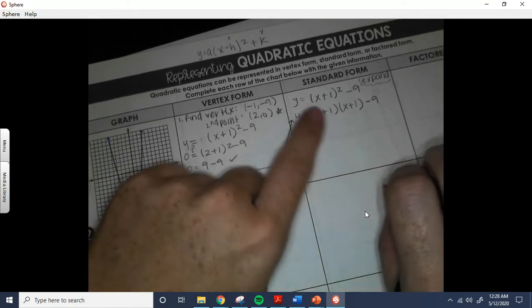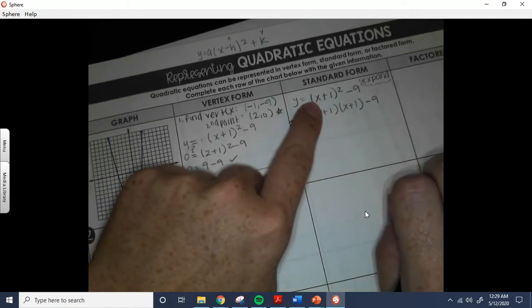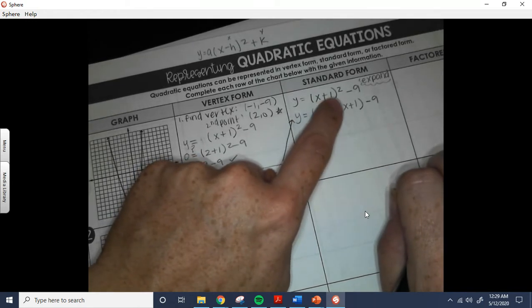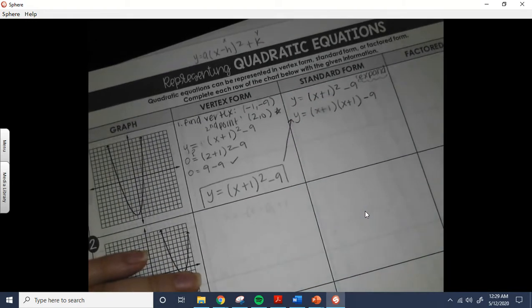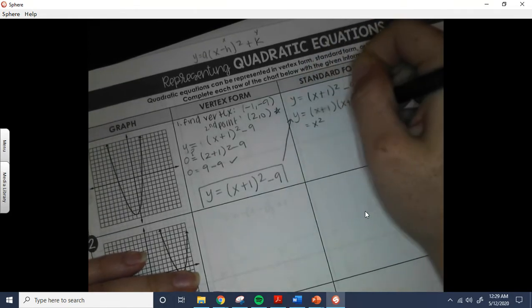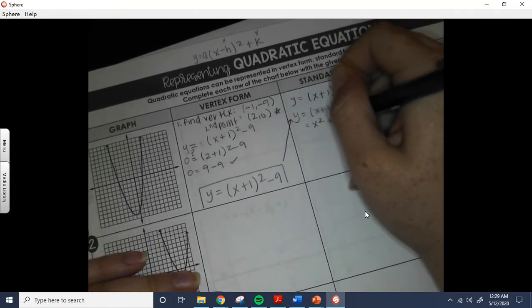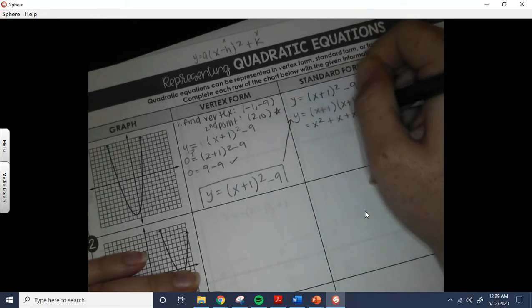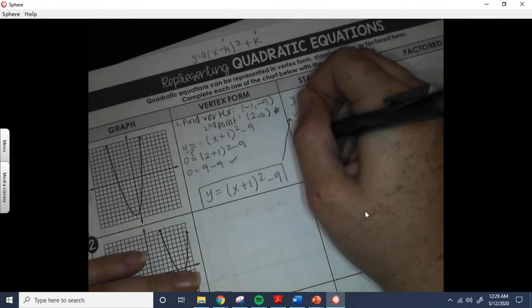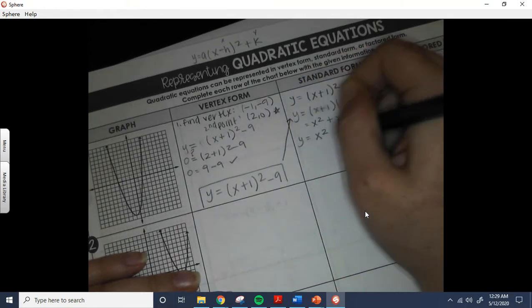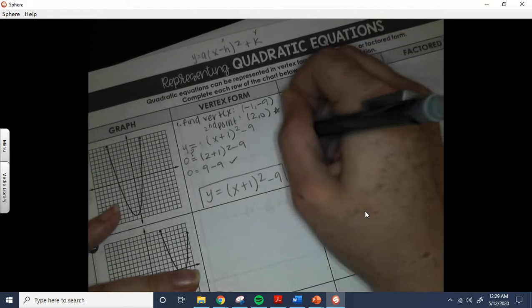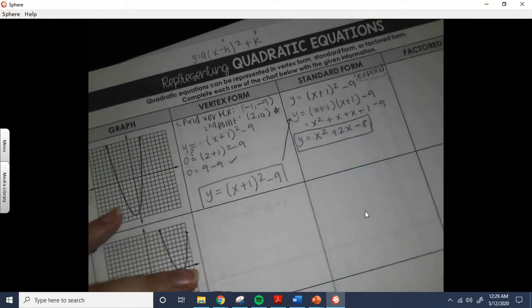If you know the trick, then you know that you square the first term, you take twice the product in the middle, and then you square the last term. We would essentially get that same thing when we're foiling. So this becomes x squared plus 2x plus 1 minus 9. y equals x squared plus 2x minus 8. That's standard form.